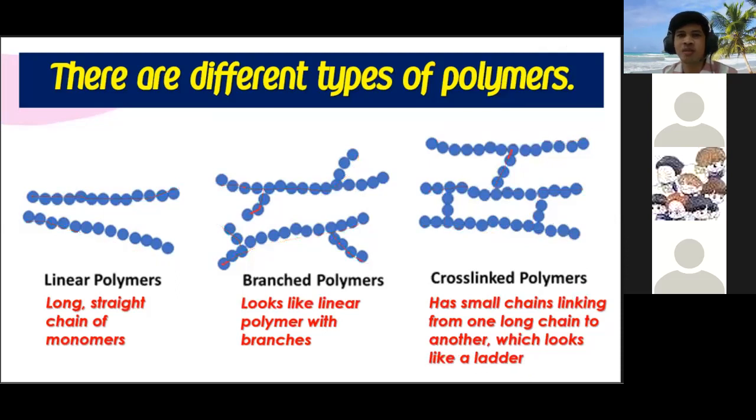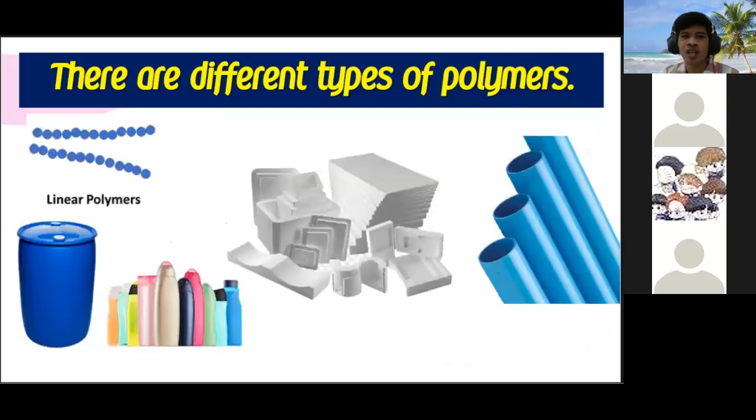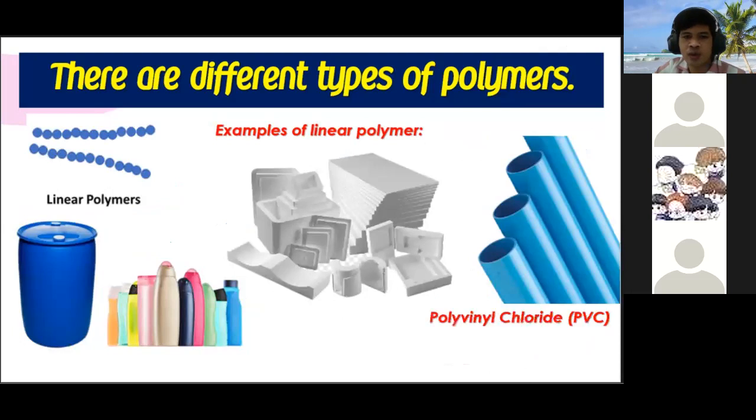Now let us have some examples of these 3 types of polymers. The first one is linear polymer. Are you familiar with these? The first is polyvinyl chloride, or PVC, which you see in water pipes.